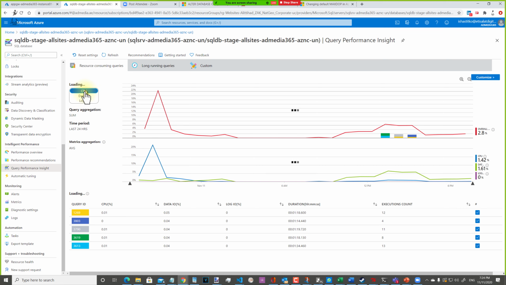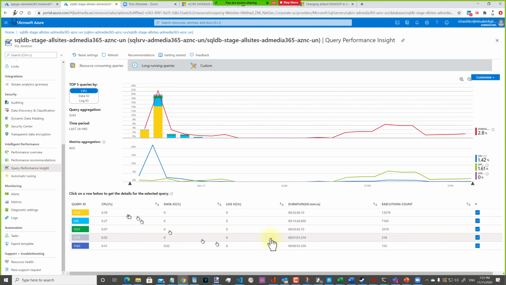So these are the top queries. You can configure again here with the settings, custom, how many you want to see, what you want to see, filtering. For example, if we're talking about the most CPU utilization, we can find that this query ID was executed 13,000 times in the last 24 hours, and it makes the most of the utilization.